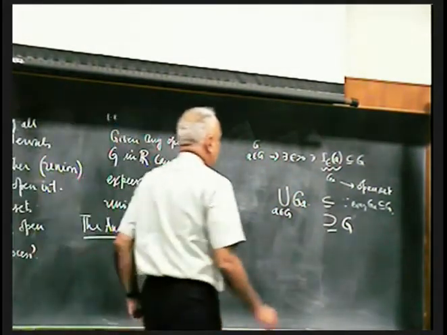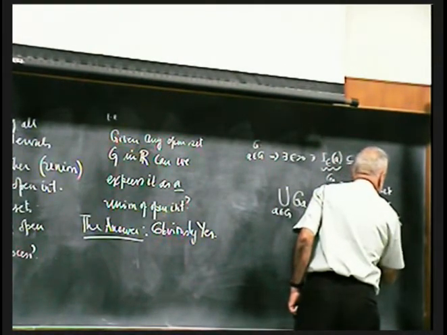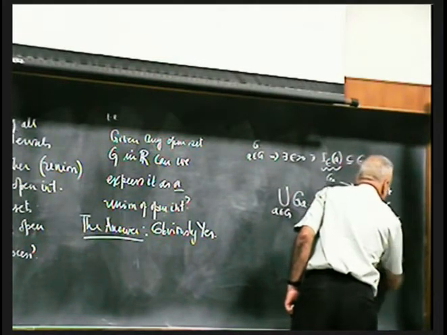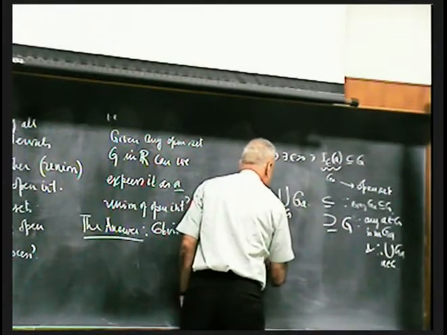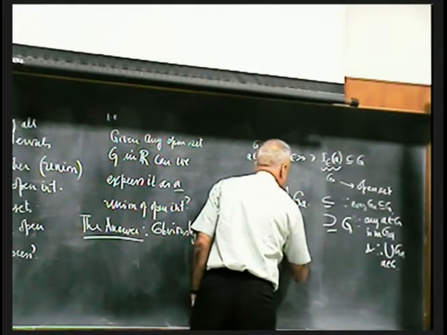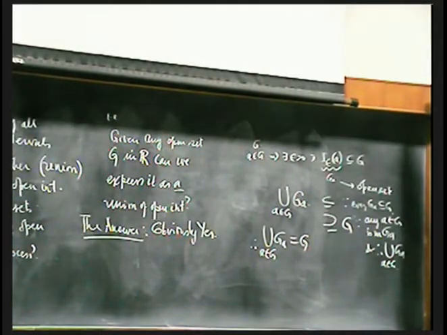So therefore the union over a belonging to G of G_a is equal to G. And therefore I express an open set as a union of intervals. This is a very trivial argument. So every open set can be expressed as the union of open intervals. So basically intervals are the interesting things, because all these open sets can be built from them.